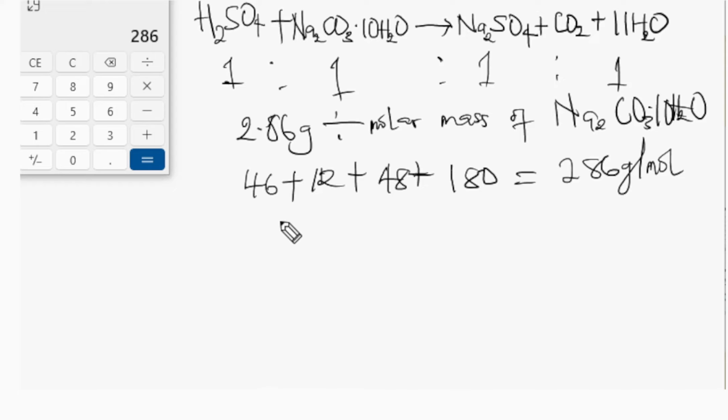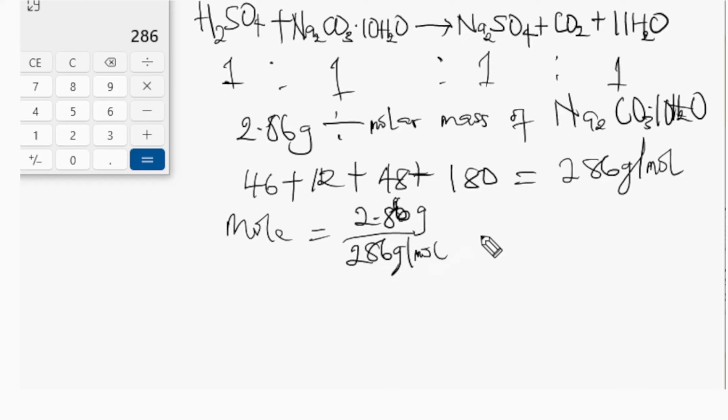Now that we've gotten the molar mass, we can get the number of moles to be the reactant mass, which is 2.86 gram, over the molar mass, which is 286 gram per mole.